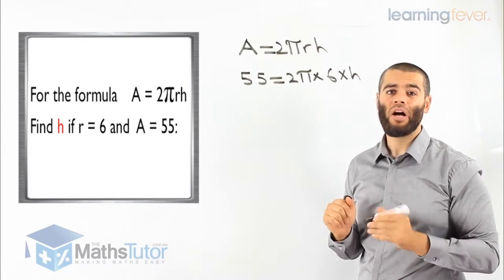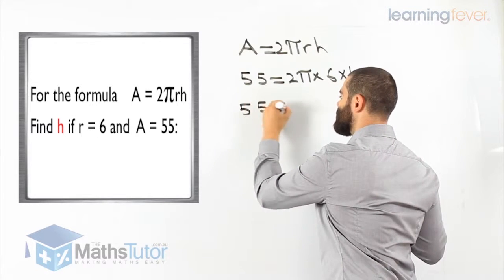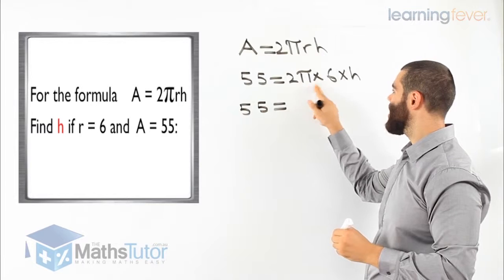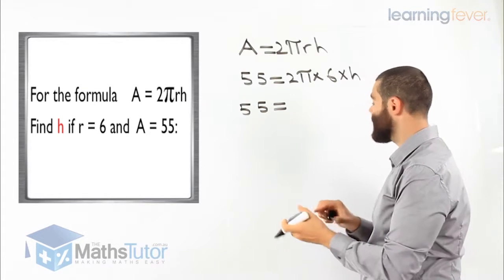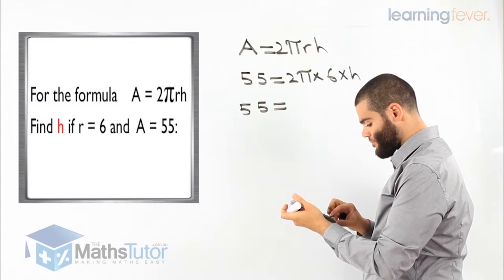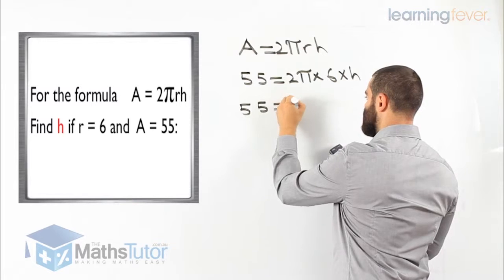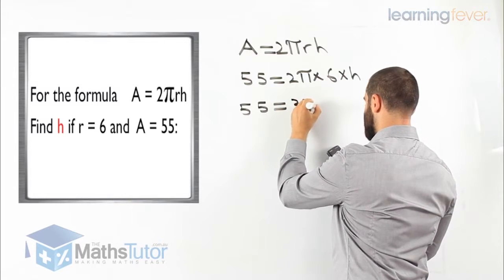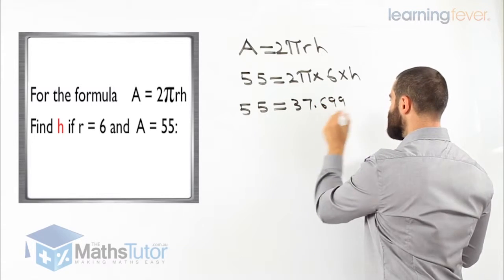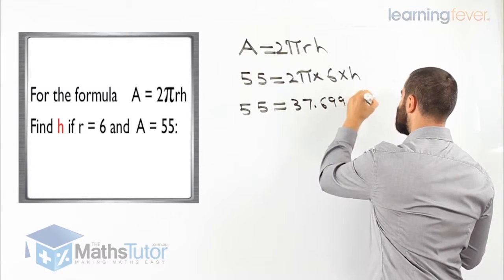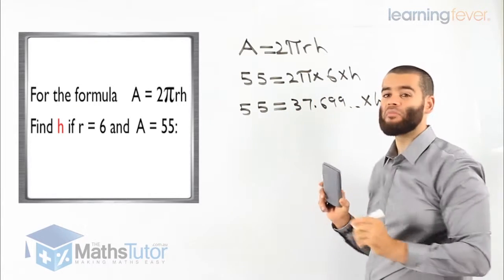Now we complete it by solving an equation. 55 equals 2 times pi times 6. Grab your calculator, put 2 times pi times 6. Let's do that now. 37.699, and it continues on, times H. That's our answer for 2 times pi times 6.